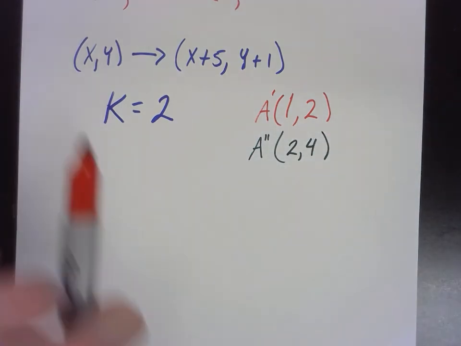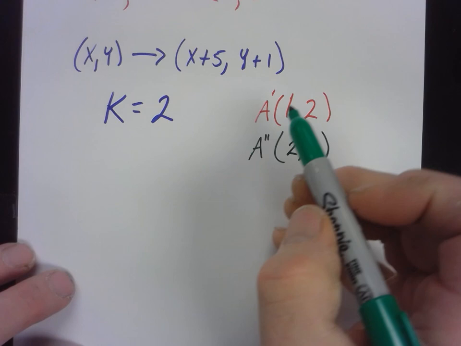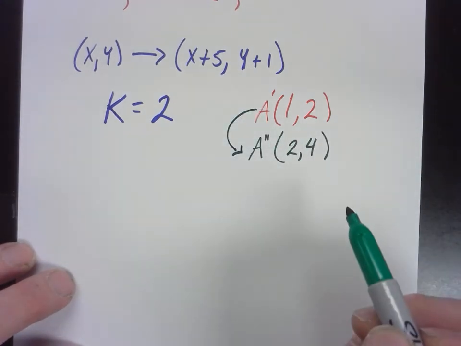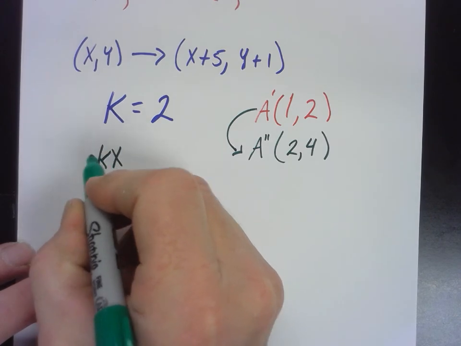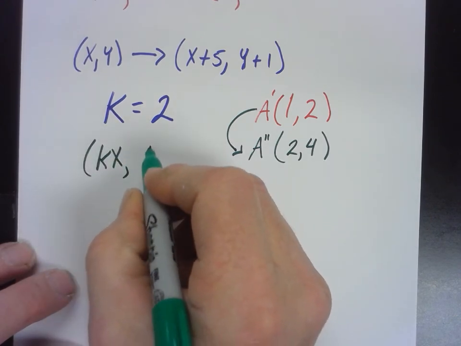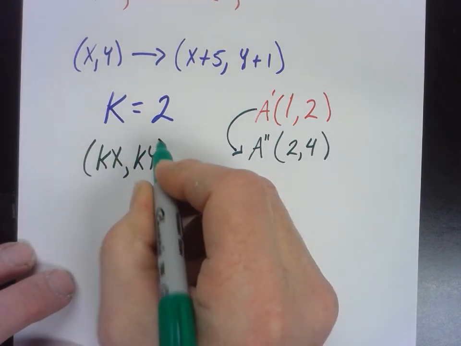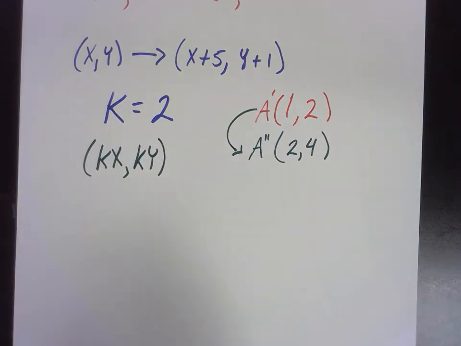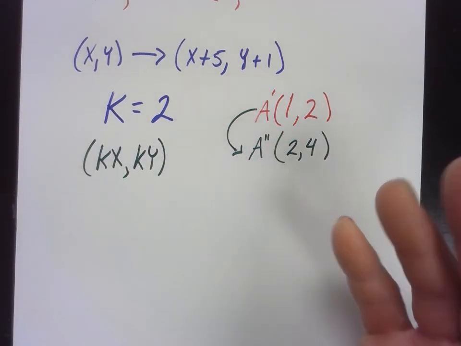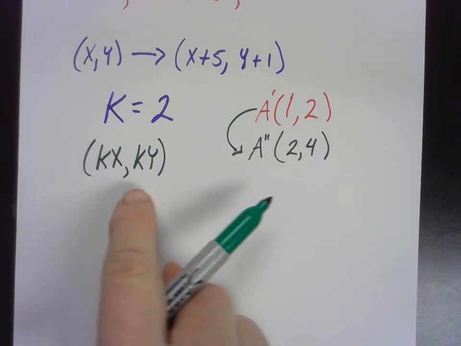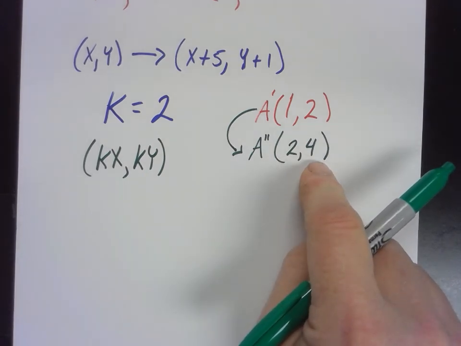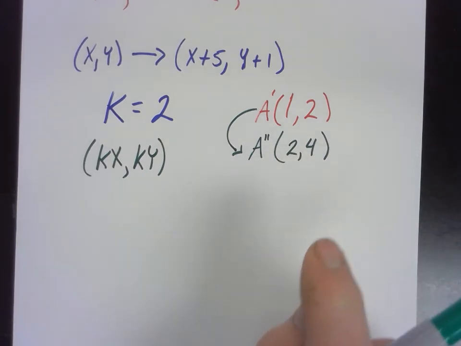And remember, whenever we use the scale factor, going from A to A double prime, we take x times k and y times k. That's how we do the dilation. We just multiply each of the ordered pair coordinates by the scale factor. So you can see what's going on. It's pretty obvious. I don't think you're going to have any problem with that one.